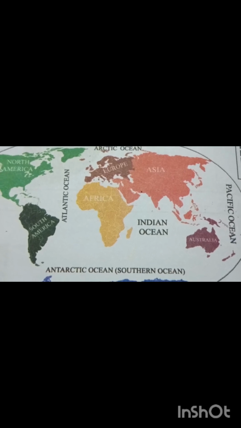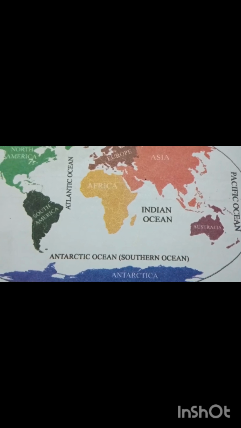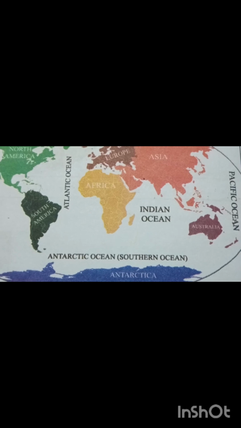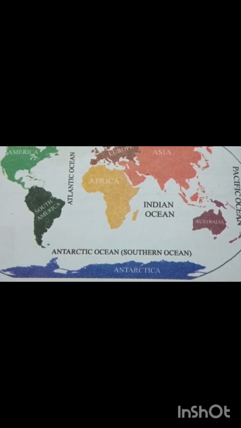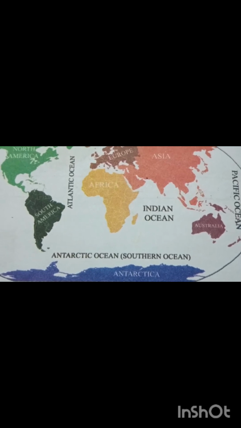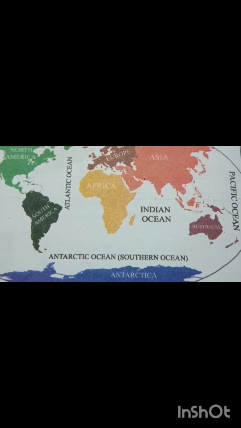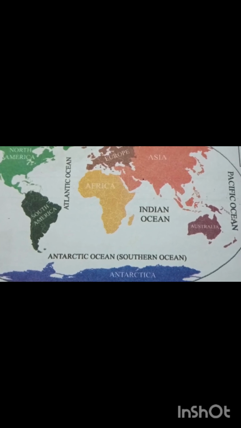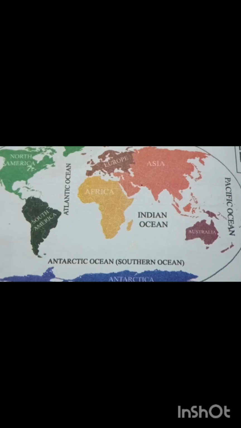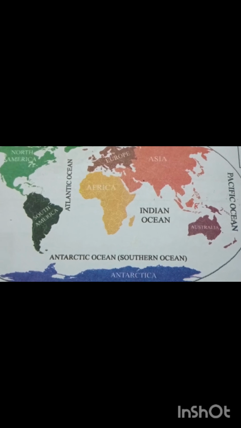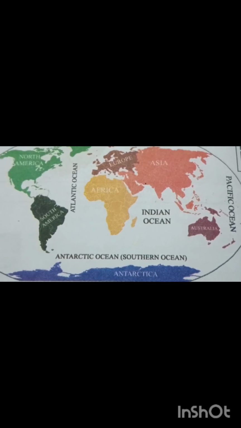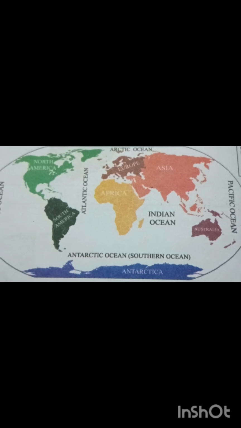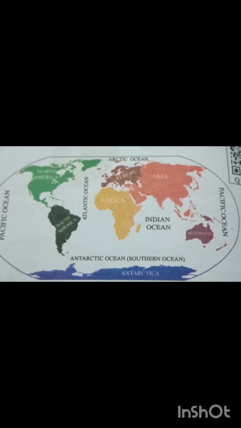What we are seeing between all the continents and Antarctic continent, that we call Antarctic Ocean or the Southern Ocean. This is the map of the world and the continents what we are seeing in this picture.